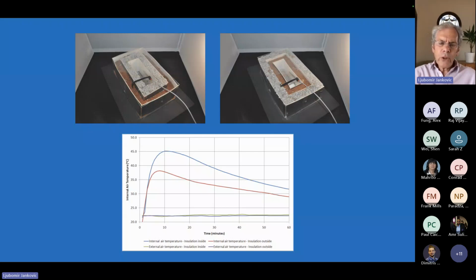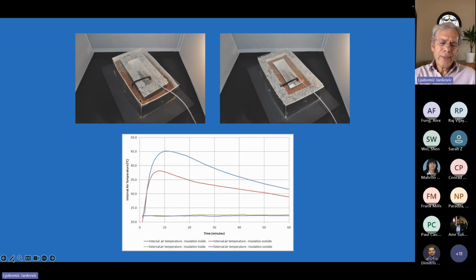Insulation: where to put insulation. This is a scale model experiment with nested boxes, and inside this box there's a tube with hot water and a temperature sensor linked to a data logger. And we have two scenarios: insulation inside with high density material outside.